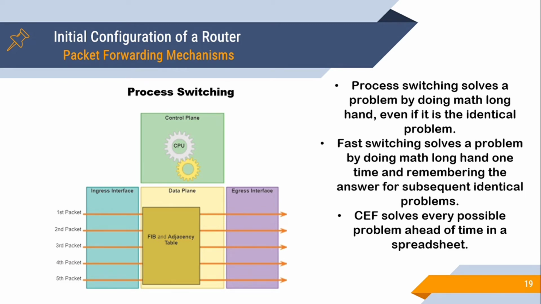The common analogy used to describe the three packet forwarding mechanisms is this: process switching solves a problem by doing math longhand, even if it is an identical problem. Fast switching solves a problem by doing math longhand one time and remembering the answer for subsequent identical problems. CEF solves every possible problem ahead of time in a spreadsheet.